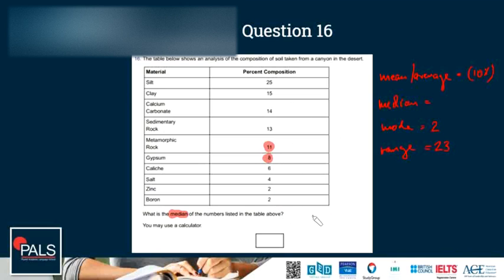We add them up and we divide them by 2. So to find the median here, we add 8 plus 11. This is 19, and we divide 19 by 2, and that is 9.5. So the median in this set of numbers is 9.5.